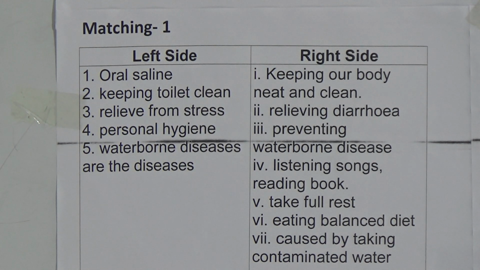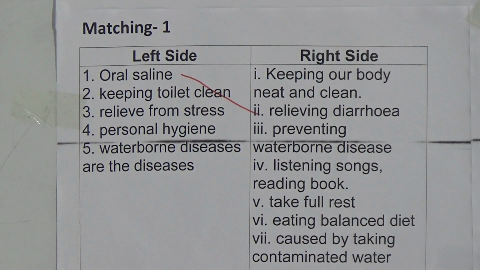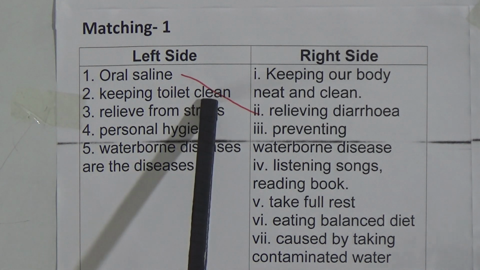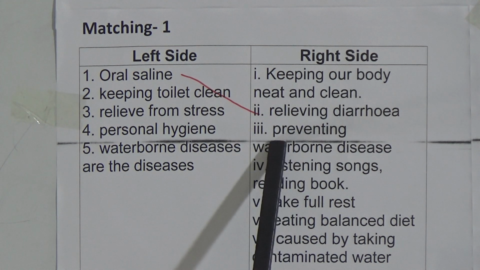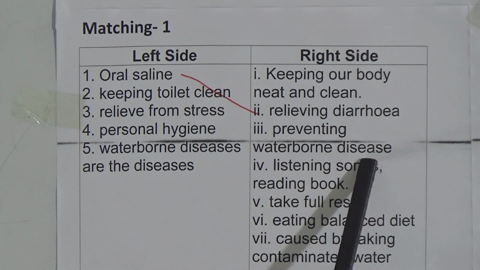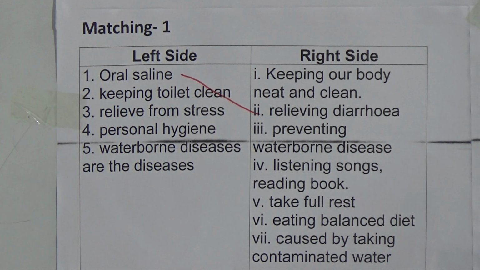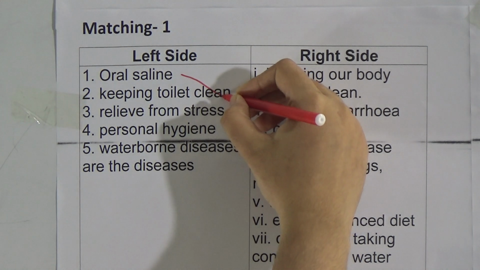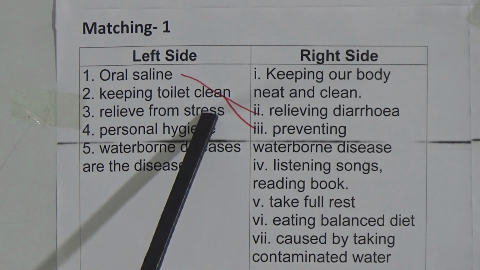So we will match this oral saline with relieving diarrhea. 2 is keeping toilet clean, and if we read this point, keeping toilet clean, preventing waterborne disease, 2 will be matched with here 3, keeping toilet clean, preventing waterborne disease. 3 is relief from stress.